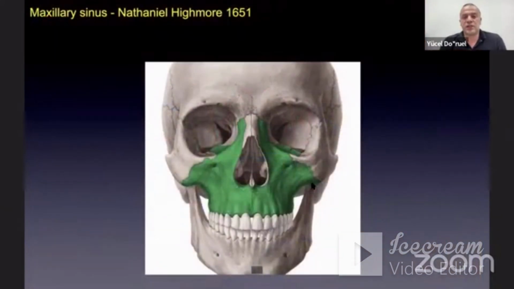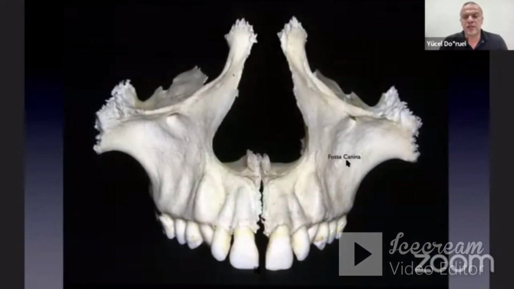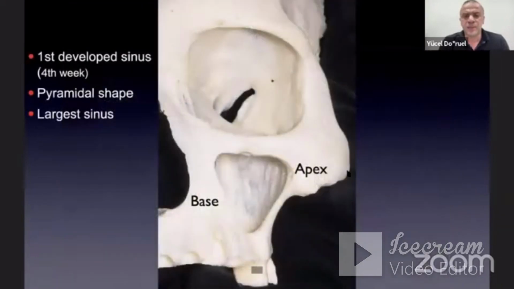The maxillary sinus anatomy was first defined by Nathaniel Highmore in 1651. That's why it's also called the antrum of Highmore. It's located at the canine fossa of the maxillary bone, and it is the largest sinus, with a pyramidal shape.